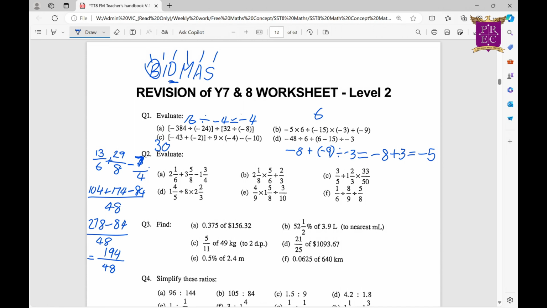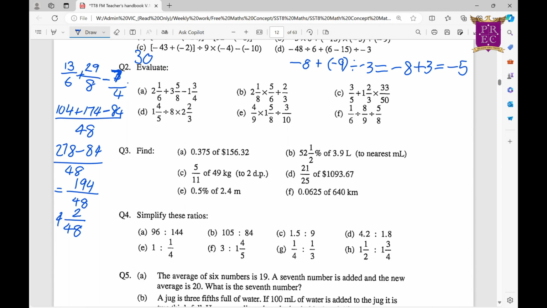Yep, 48 goes into 194 4 times. That's 192, and we're left with 2 here. Now we can simplify this fraction. To simplify, we just divide both the numerator and the denominator by 2, so we're left with 4 and 1/24. So the answer for the first one is 4 and 1/24.